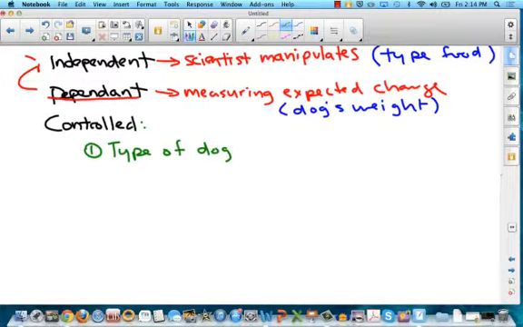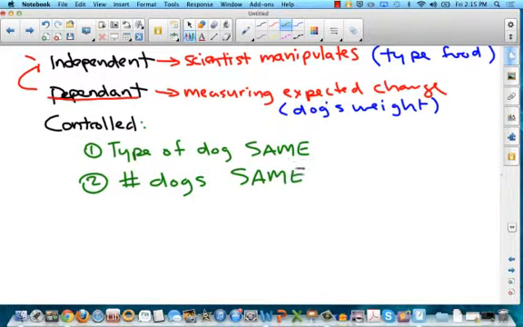We can't compare Doberman Pinschers to Chihuahuas, so we have to have the same type of dog. Okay? The number of dogs. We can't compare 20 dogs to 4 dogs, so the number of dogs needs to be the same. The amount of water.